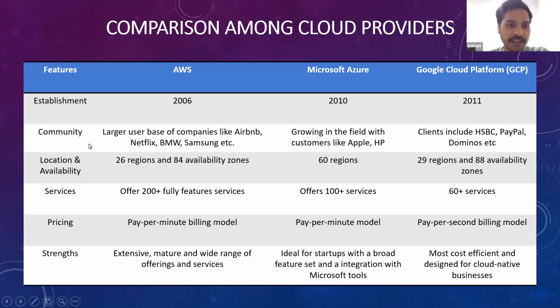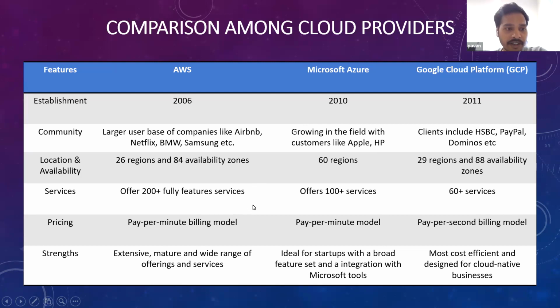When it comes to the community, these have a large user base of companies like Airbnb, Netflix, BMW, Samsung, etc. Azure has customers like Apple and HP, and right now a lot of people are even migrating from AWS to Azure. And Google has clients including HSBC, PayPal, Domino's, etc.